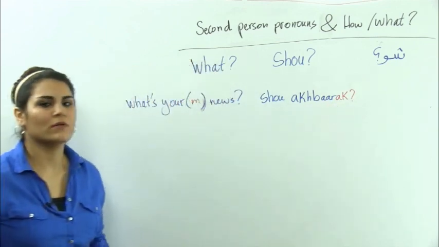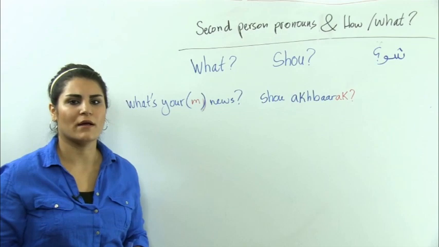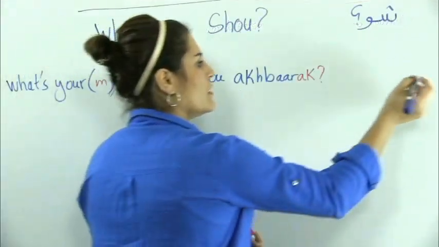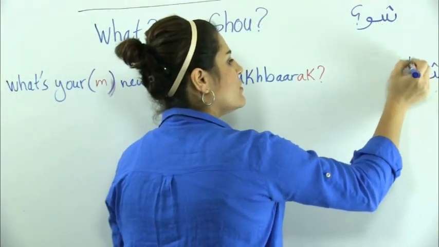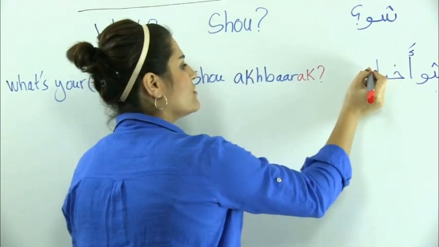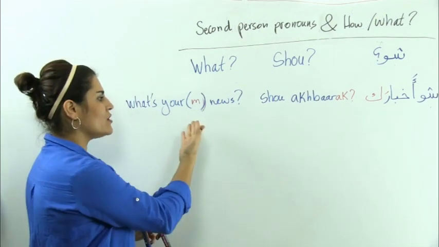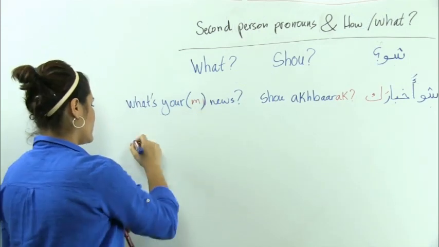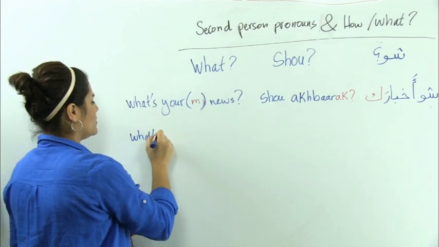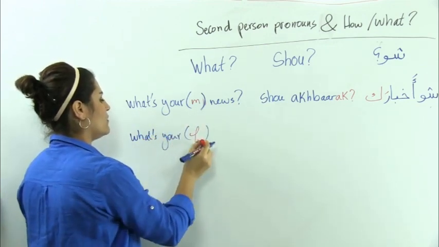So the question is شو أخبارك: the question شو, the word أخبار, and then the suffix أك. Okay, if we're talking to a woman and I'm saying the same question, what's your news? Feminine.